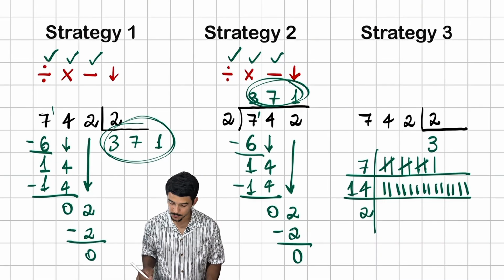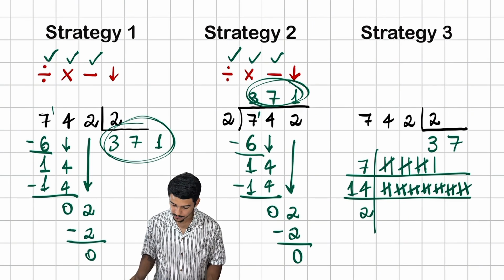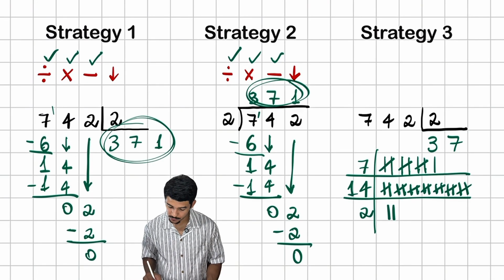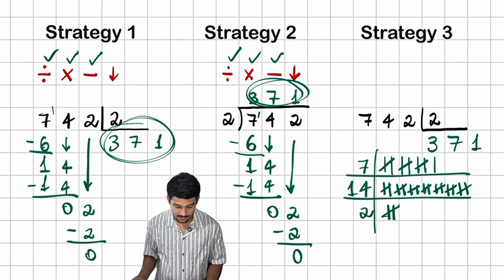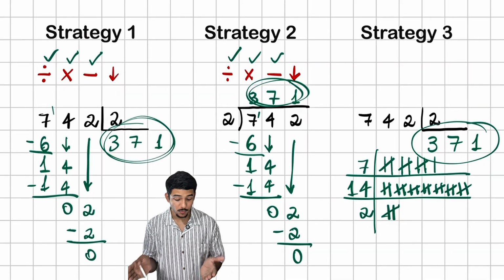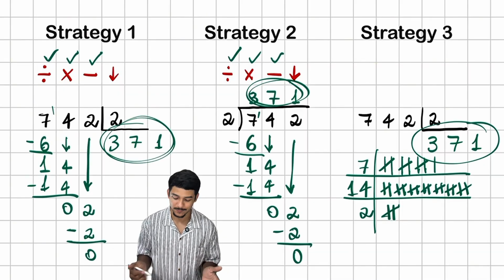Let's make groups of 2. 1, 2, 3, 4, 5, 6, 7. 7 right here. 2: 1, 2. Groups of 2, 1, 1. The answer, 371, just like strategy 1 and strategy 2.